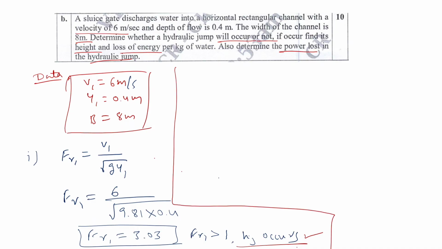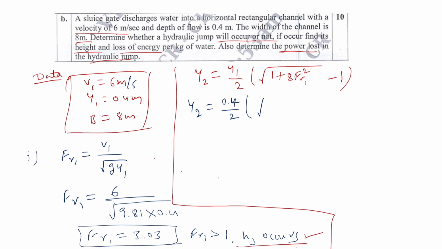Height of hydraulic jump is given by y2 is equal to y1 by 2 multiplied by square root of 1 plus 8 Fr1 square minus 1. y2 is equal to y1, which is 0.4, divided by 2, square root of 1 plus 8 into 3.03 square, minus 1.